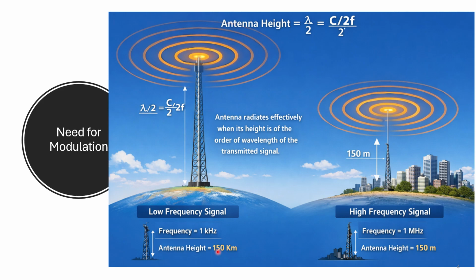For example, if the frequency is 1 kilohertz, the antenna height may require 150 kilometers, but if your frequency is 1 megahertz, then your antenna size will be only 150 meters. Right now all of you are using a mobile phone, and it also contains some antenna, but you cannot find any long antenna. Why? Simply because a higher frequency is being used here.